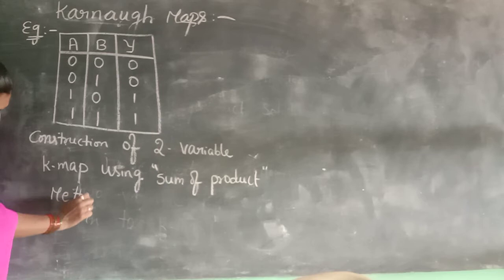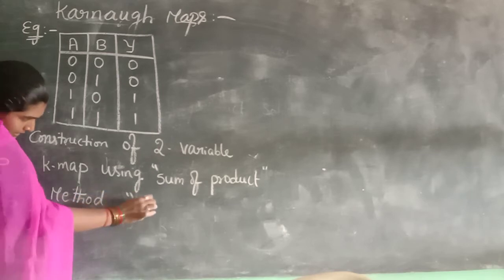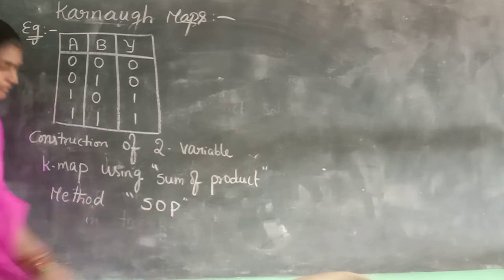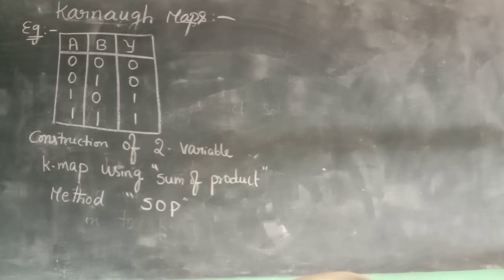The sum of products method we simply call the SOP method. For the construction of the two variable K-map using the SOP method, we must follow the following steps.